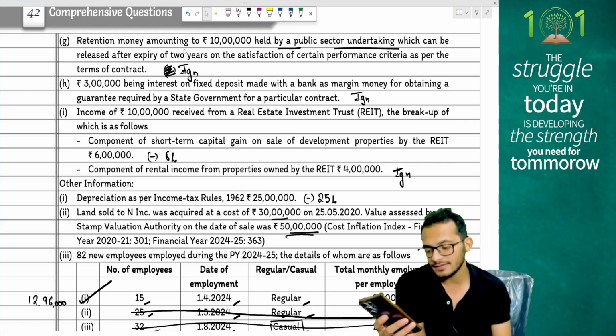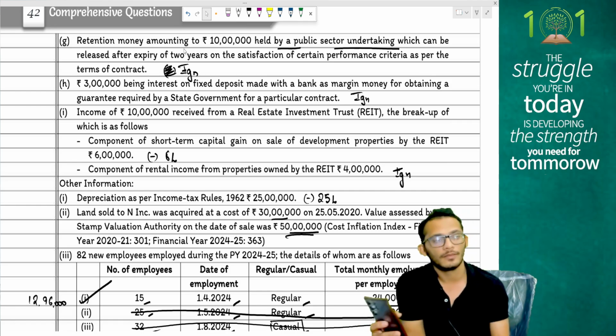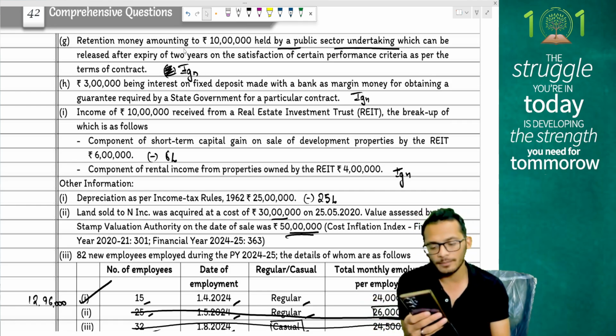Roman number 2 heading is called capital gains.